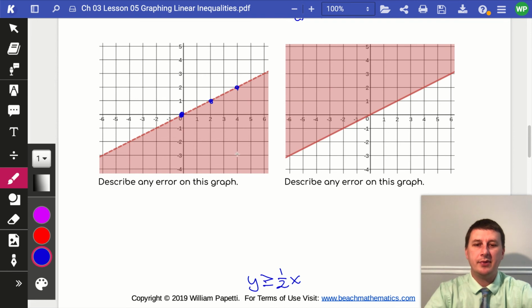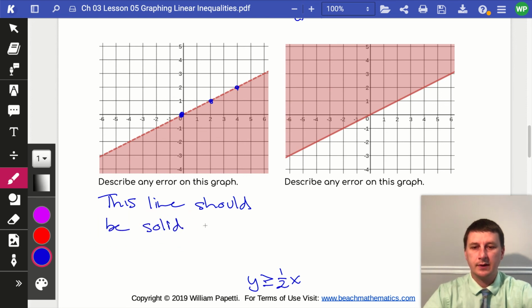We're good with that part. Now we're looking for a solid line. Is it a solid line? No. This line should be solid. Okay, and we're looking for it to be shaded upward. And this line is not shaded upward either. So there is a couple of errors with this one.